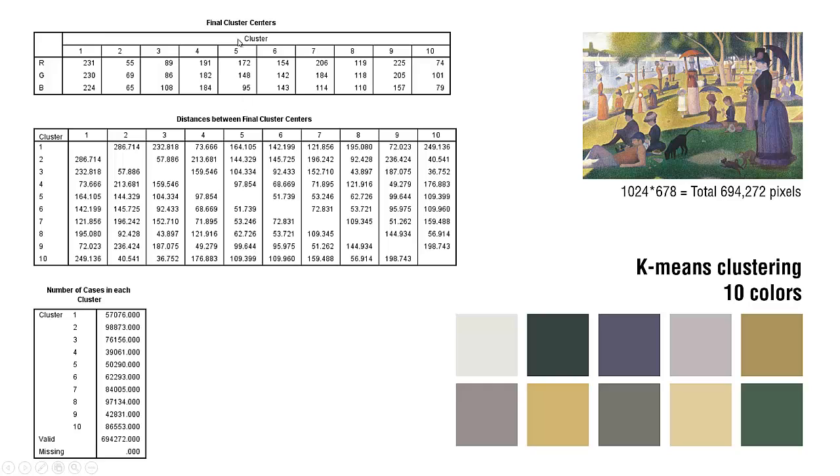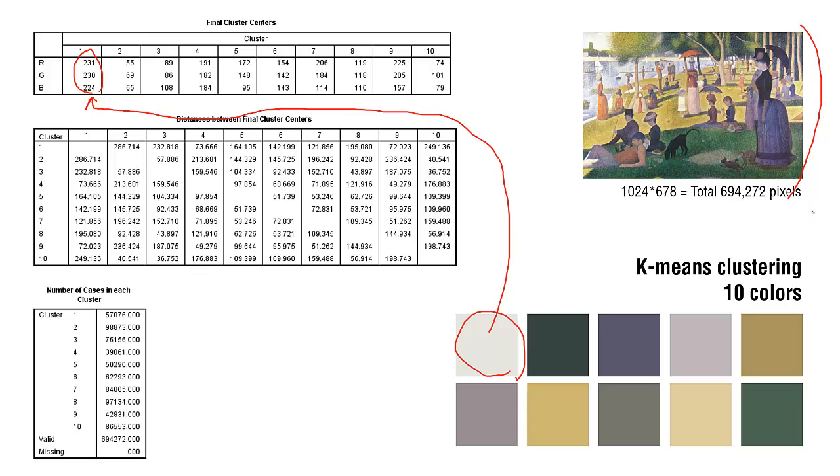So based on the cluster centers of each of the 10 groups, she found 10 colors. So this color should be this one, and so on. And whether you agree that these 10 colors really represent the color palette of this painting is a different issue.